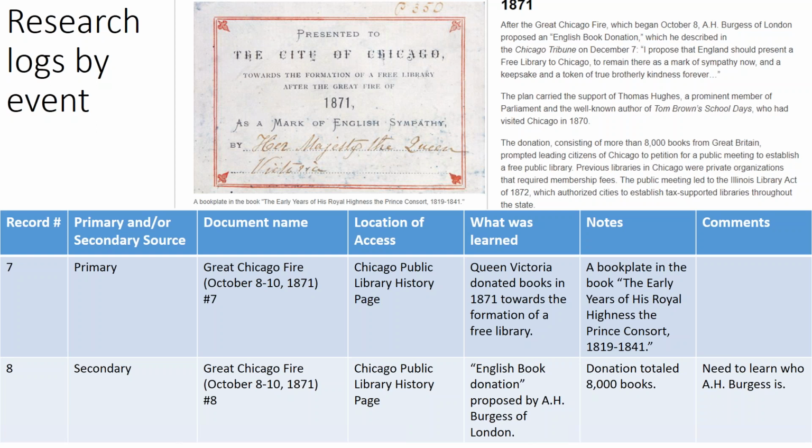The other part that it tells us that we didn't capture in the last one, because it didn't have that much note to it from the perspective of Queen Victoria, but from the perspective of the Great Chicago Fire, this bookplate was actually in the early years of His Royal Highness the Prince Consort, 1819 to 1841, which just helps us place again that the book is in the collection, as well as what kind of titles might have been included in that donation.